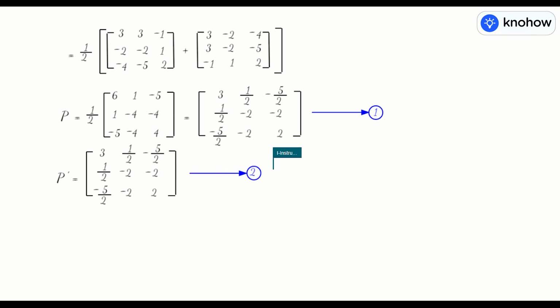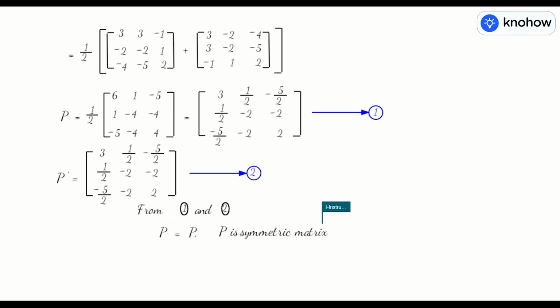From 1 and 2 you observe that the elements of the first row in both are 3, half, minus 5 by 2, half, minus 2, 2 in the second row, and the elements of the third row are minus 5 by 2, minus 2, 2. So P dash equals P. So should I conclude that P is a symmetric matrix? So we have already got the first matrix P, which is a symmetric matrix.